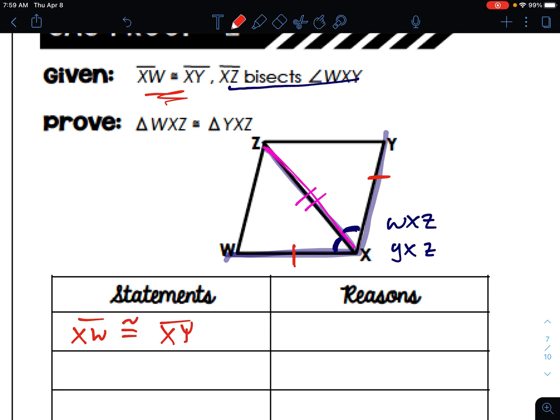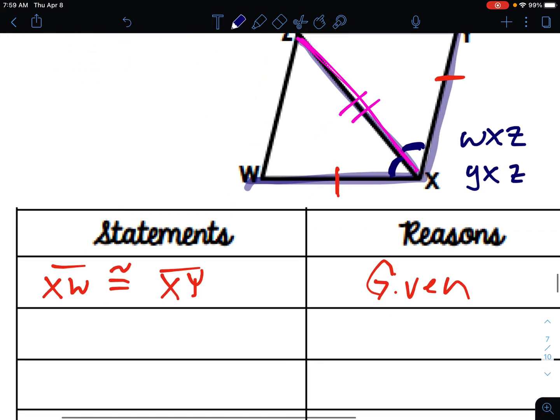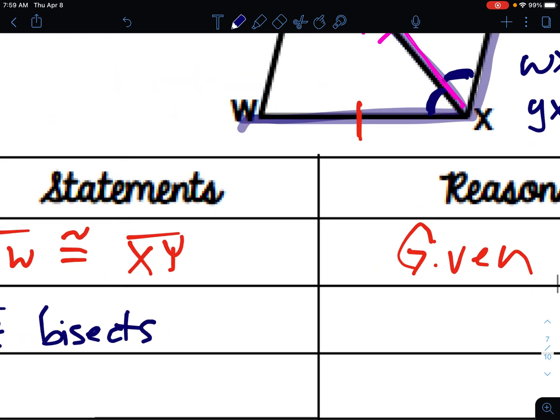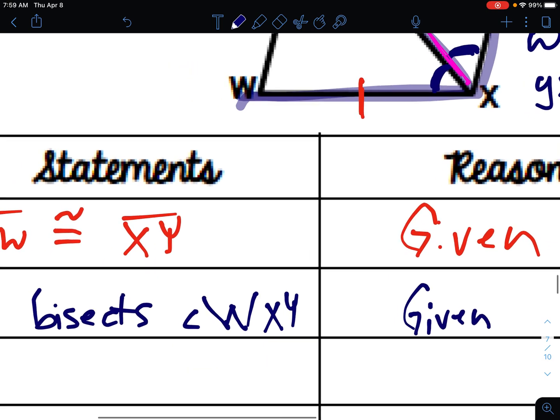XW congruent to XY. And that was given. Then we said XZ bisects angle WXY.